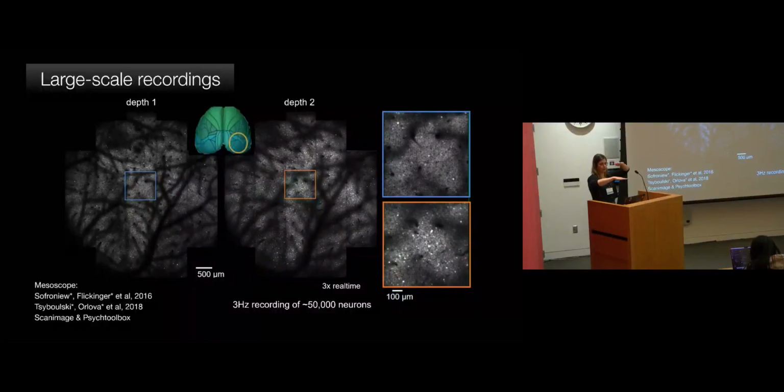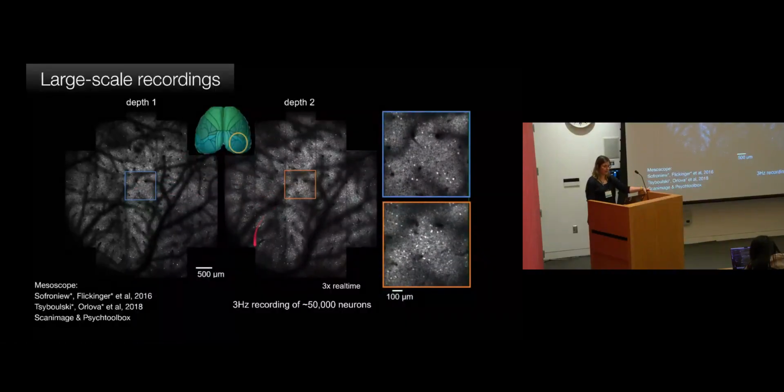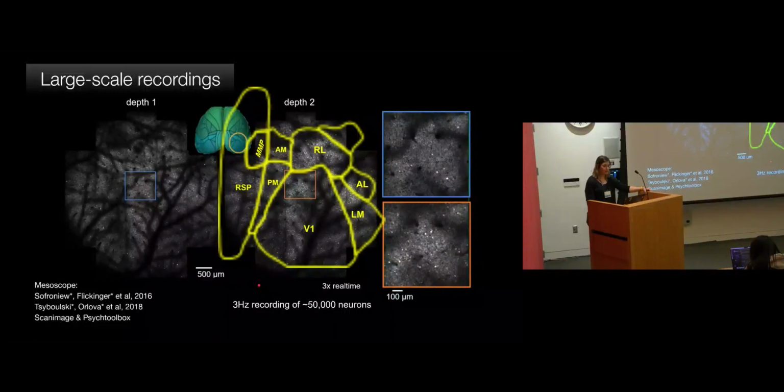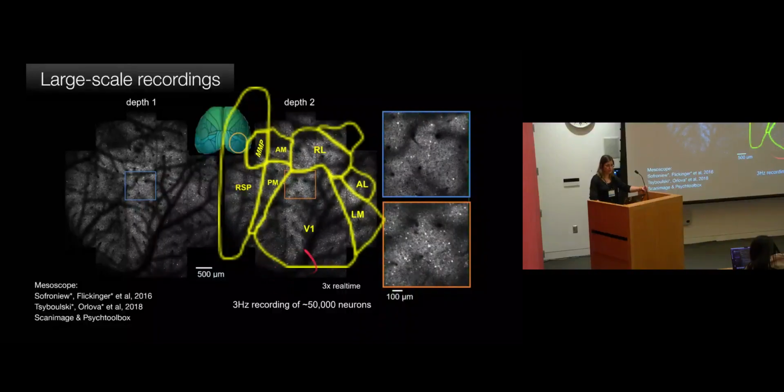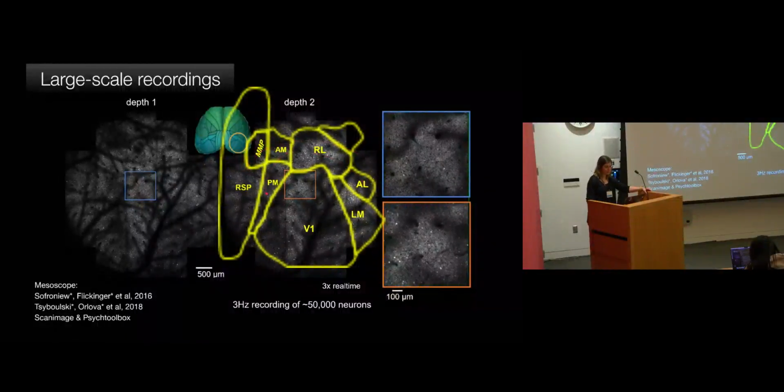So we get 2 planes basically simultaneously, which gets us on average around 50,000 neurons at a rate of 3 hertz. This kind of imaging is great for surveys of what's going on during various behavioral tasks. We can get primary visual cortex in mice, this V1 area, and all these higher order areas simultaneously.